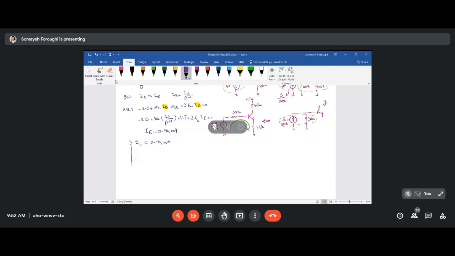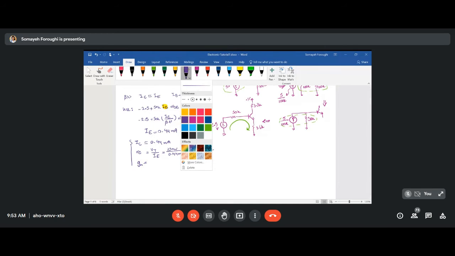Now our next job is to find that little RE in the AC model of the transistor, and that little RE comes from VT over IC or IE, they're both fine, over 0.44 milliampere. And finally, that little RE will become 56.8 ohm. Now, when you have that little RE, you can go ahead and find GM.